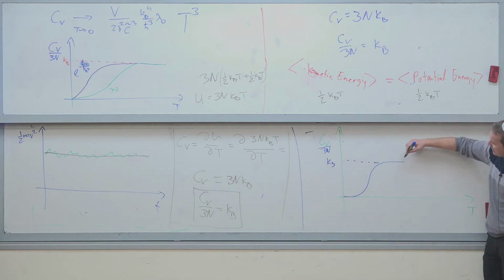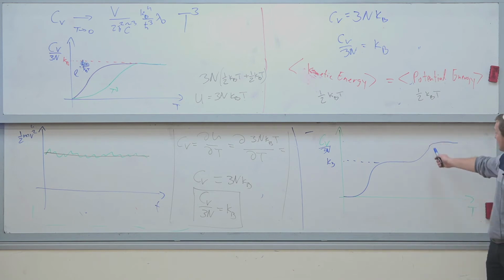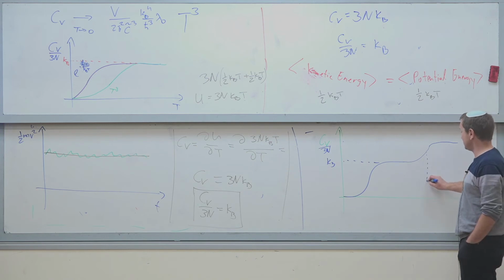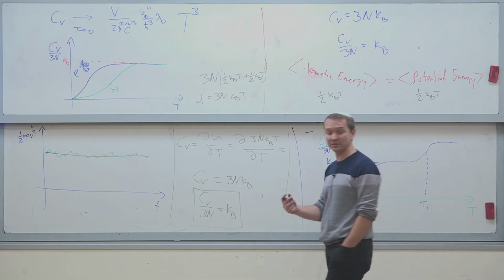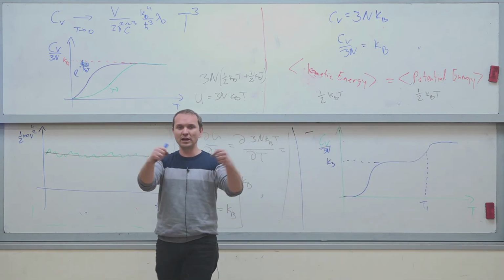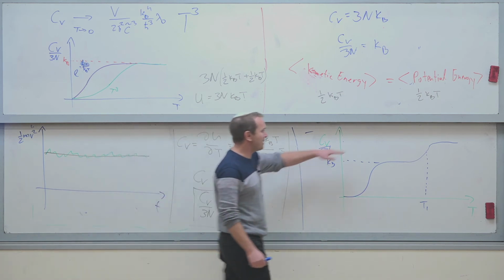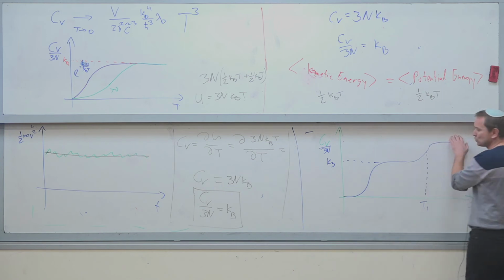I can heat it up further, and suddenly I will start to see another step increase of the Cv, and it will continue like that. This temperature is called T1. I heat up the system, I obtain saturation. Saturation means that all the molecules are now vibrating independently. This is the k Boltzmann. I heat up and obtain another saturation.